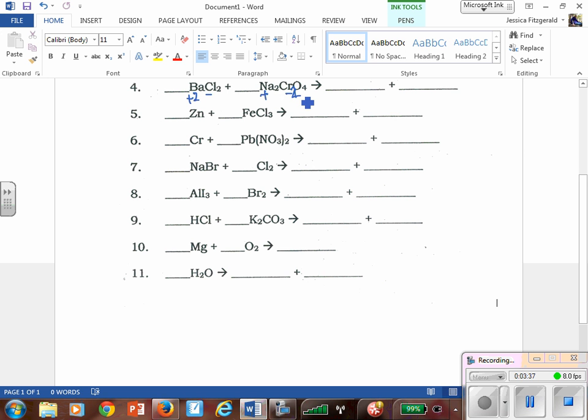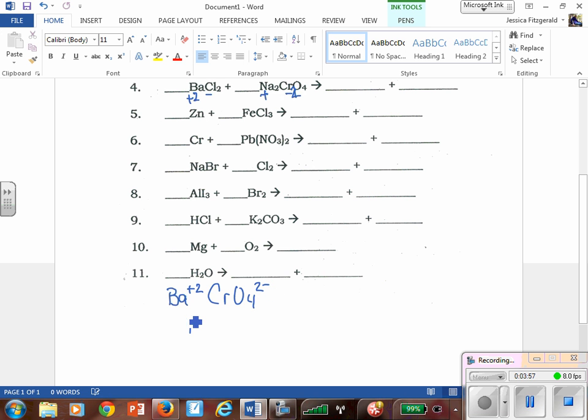Chromate has a charge of -2. Okay, so again, we can't have 2 positives together, so Ba and Na will not go together. To form a new product, that means Ba has to combine with the chromate.